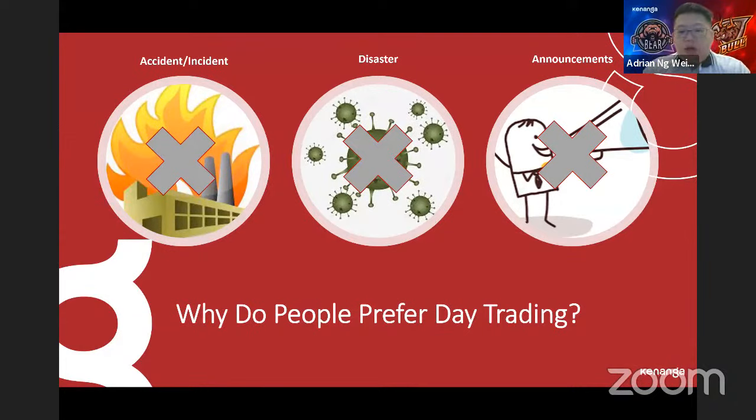Compared to 5 to 10 years ago, when we needed to trade, of course it was still at our fingertips, but the information was not. We needed to call our remisier, hey brother, help me buy these shares. Now you can do it on your own. So these are the key reasons why people avoid slightly longer term trades.